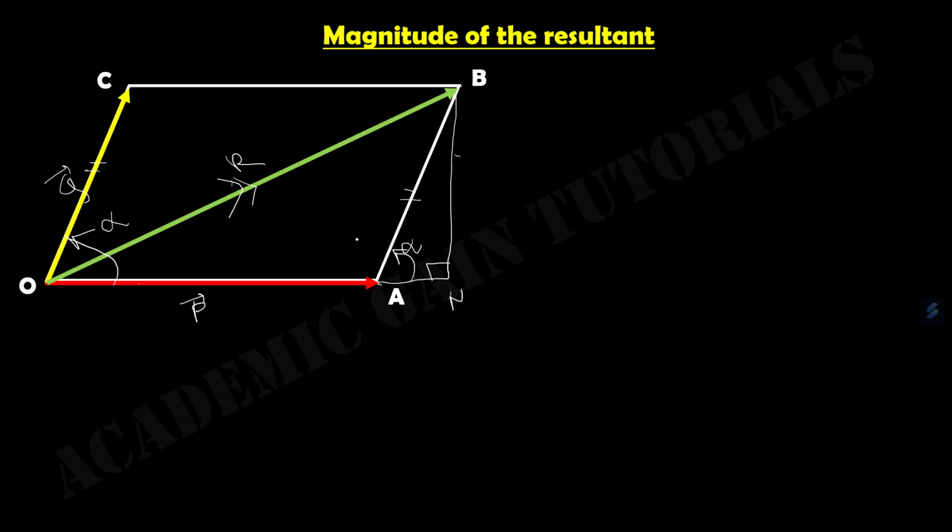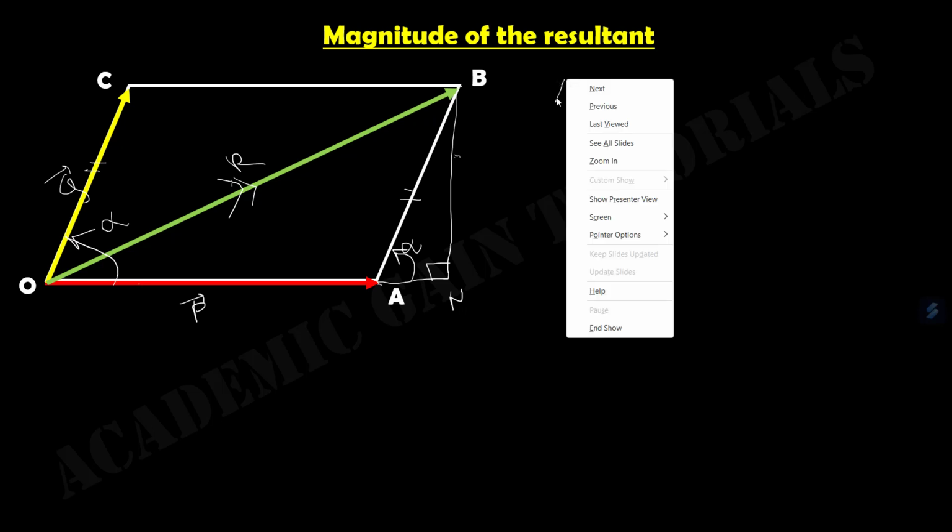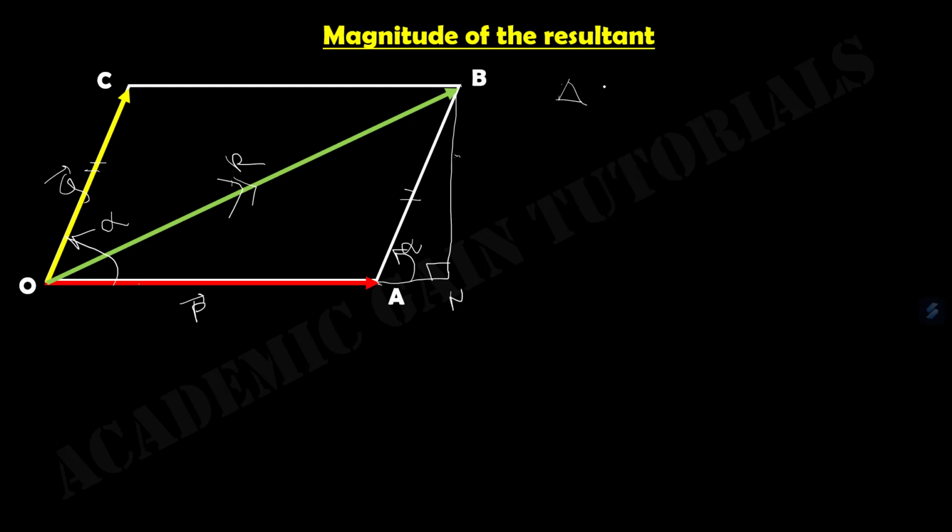Now again, from the law of Pythagoras, we take this triangle OBN, and we can say that OB square equals BN square plus ON square.